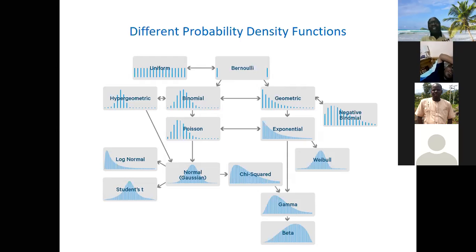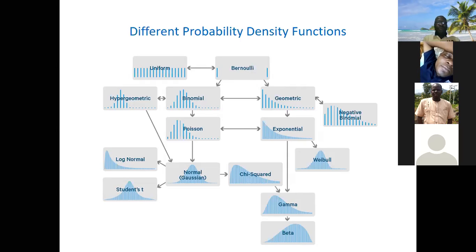So leave that one. These are the different shapes. Look at uniform, Bernoulli, binomial, hypergeometric. You see the double arrows, showing they are related under some conditions. If some conditions are met, hypergeometric will become binomial; if some conditions are not met, binomial will become hypergeometric. The same applies to uniform and Bernoulli, Poisson, exponential, normal.